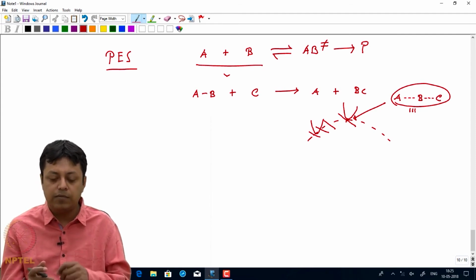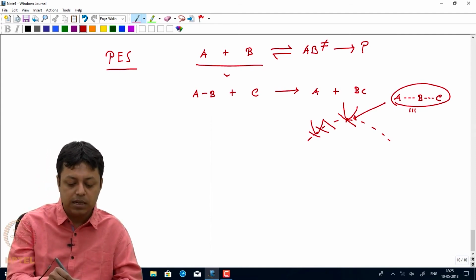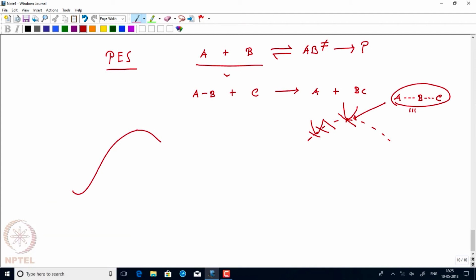Also, as a final note, we discussed that the transition state exists at the saddle point. It is not always true, because there are many sophisticated versions of this transition state theory, which talk about the trajectories for going from reactant to product. Detailed quantum dynamical calculations show that there could be some trajectories which come back near the transition state region.